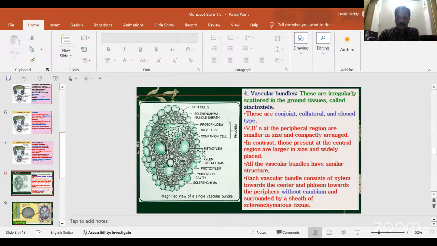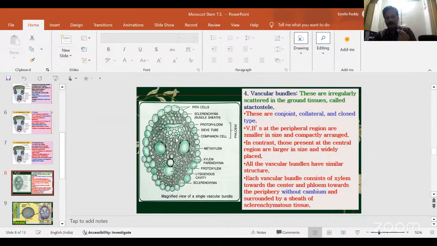Whereas in monocot stem, the vascular bundles are closed, since there is no vascular cambium separating xylem and phloem. In dicot stem, a strip of cambium is there. That's why in dicot stem, they are open type of vascular bundles.